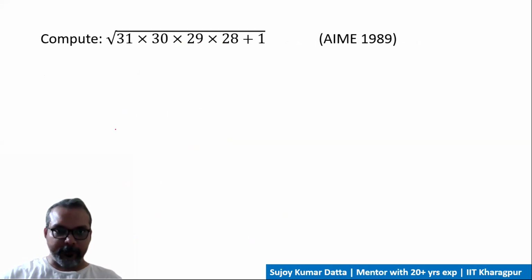So we have to compute this. We can go in the same steps as the previous question. Let's multiply these two and these two.